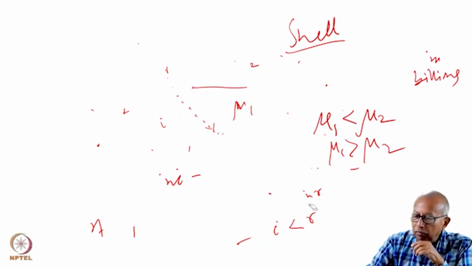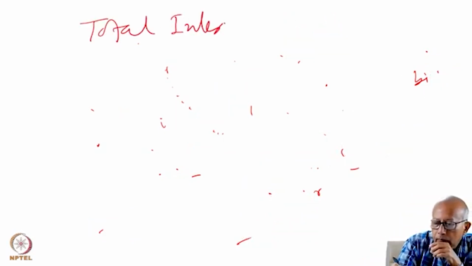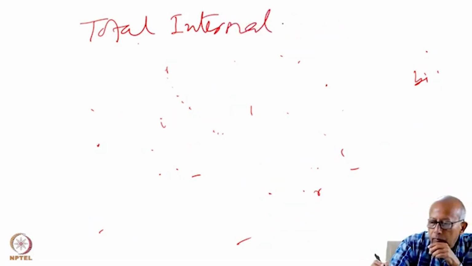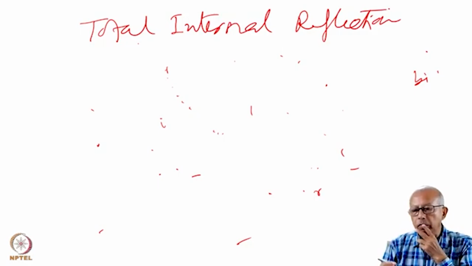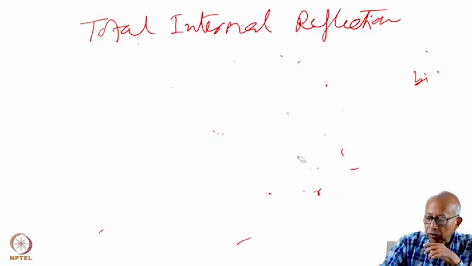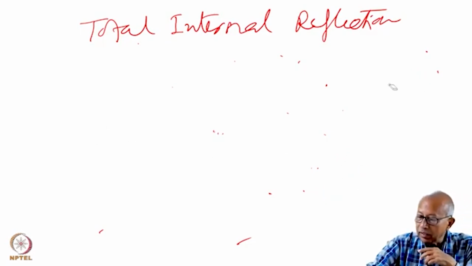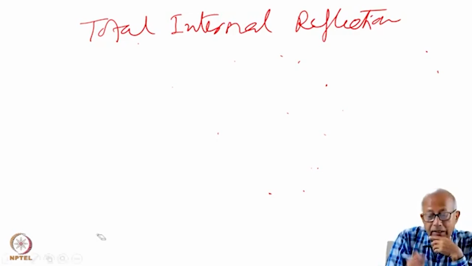Which is known as total internal reflection. For this, we will once again begin from the refraction of light, but in this case, light travels from denser to rarer.